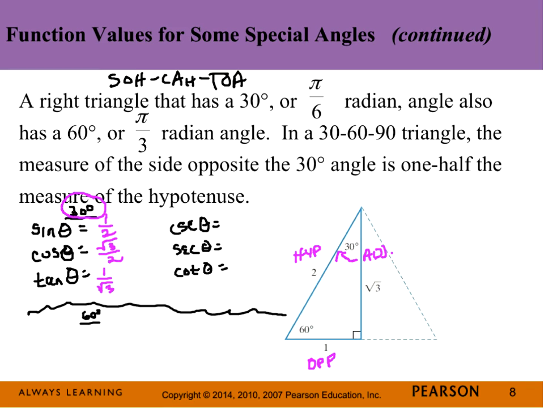However, we ended up with a root in the denominator. So 1 over the square root of 3, I need to multiply by my clever 1, which is square root of 3 over square root of 3. And so I end up with square root 3 over 3.